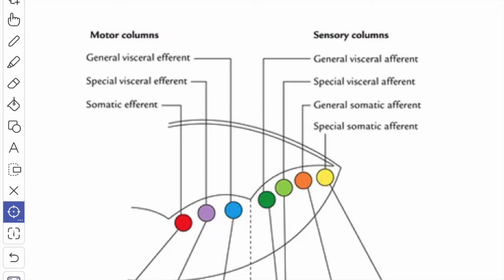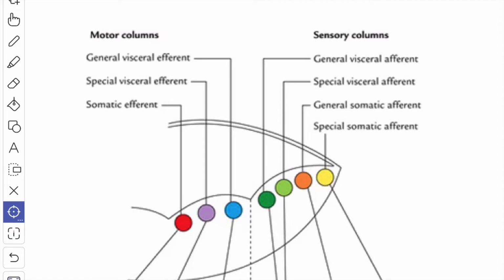The next important event is that an extra branchial, that is a special column, appears between the somatic and the visceral columns in both the basal and the alar laminae to supply the derivatives of the pharyngeal arches.